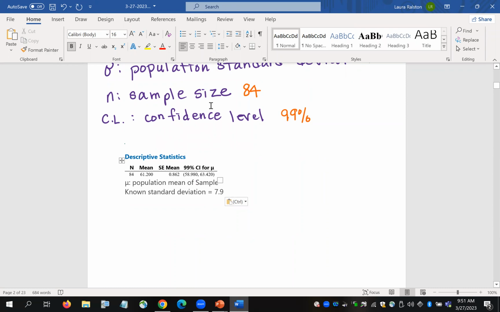Okay, so when you get this printout, it shows you several things. It reminds you what your sample size is, so you can make sure you didn't type it in incorrectly. It reminds you of the sample mean.